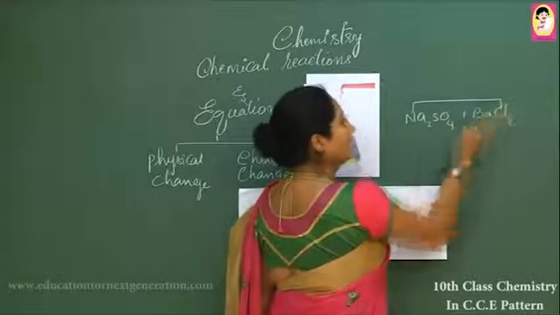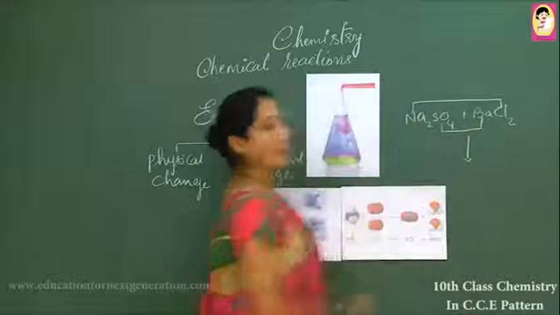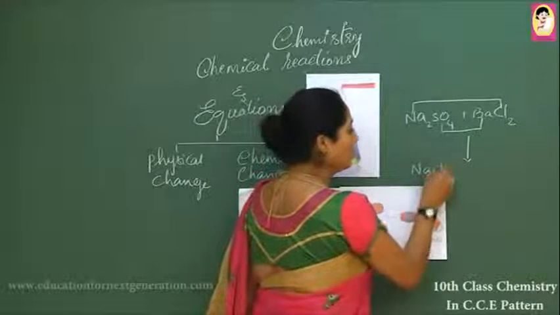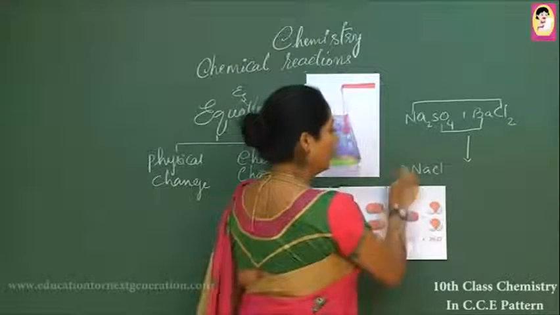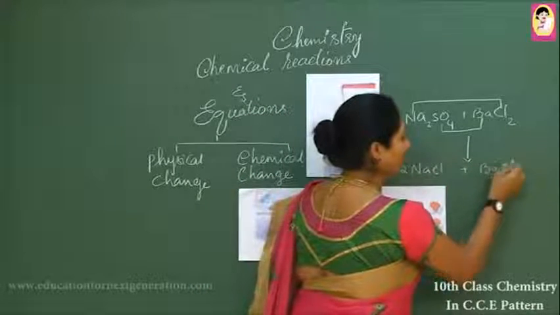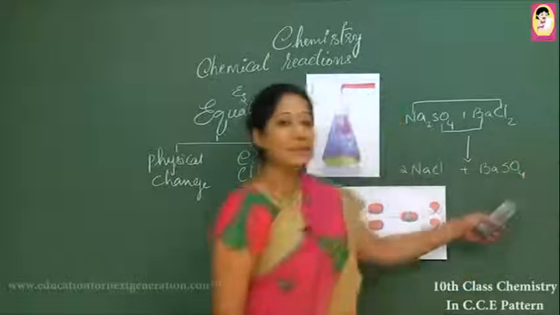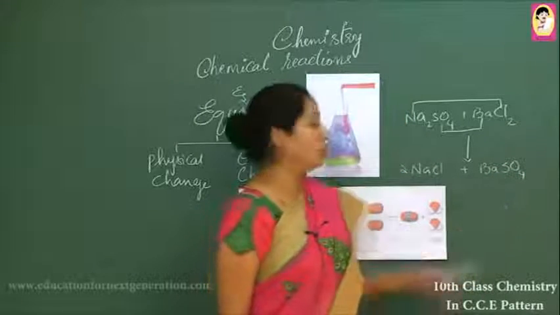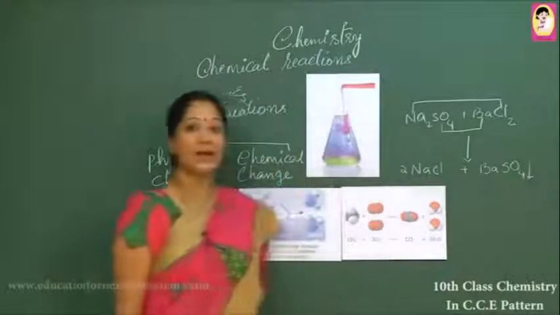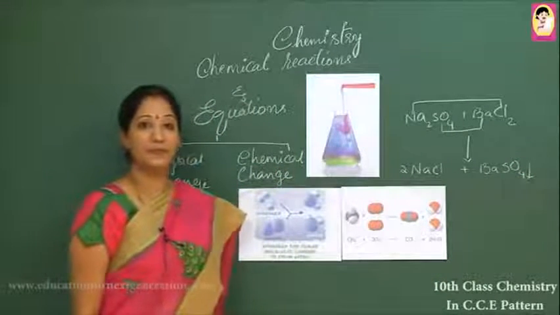A new component is obtained, giving rise to sodium chloride plus barium sulfate. Now because the barium sulfate is insoluble, it is giving rise to a substance which is called a precipitate.